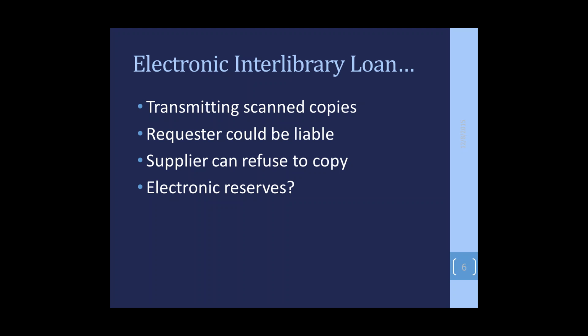What happens with electronic interlibrary loan, as this slide talks about, is you've got these scanned copies, and in reality, it is feasible that either the lender or the requester could be liable if there's a copyright issue. The supplier could refuse to copy it, and electronic reserves can also come into play, because whatever's being lent could go into an electronic reserve.